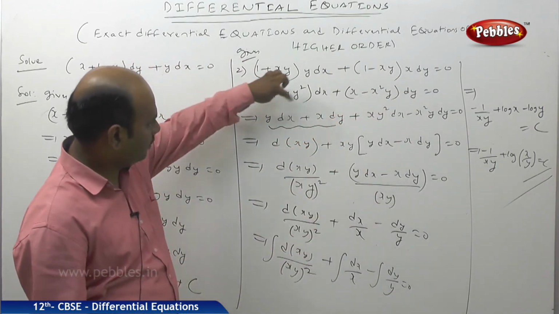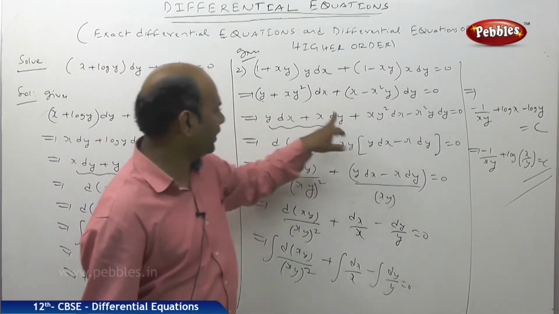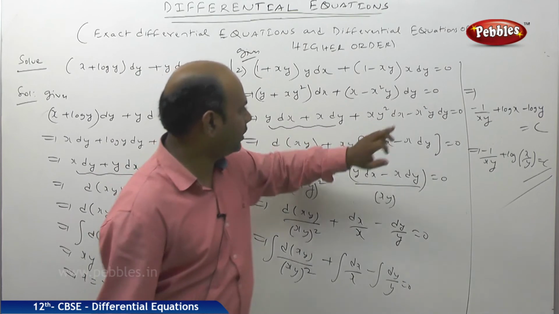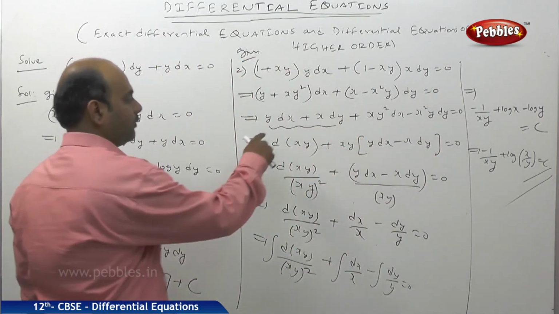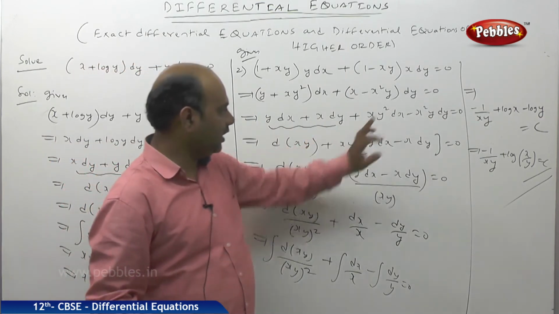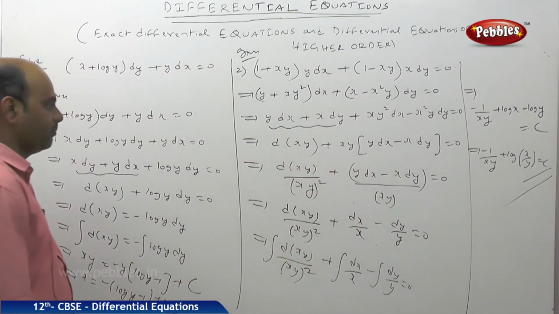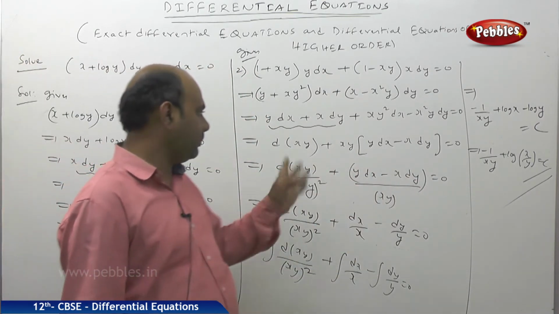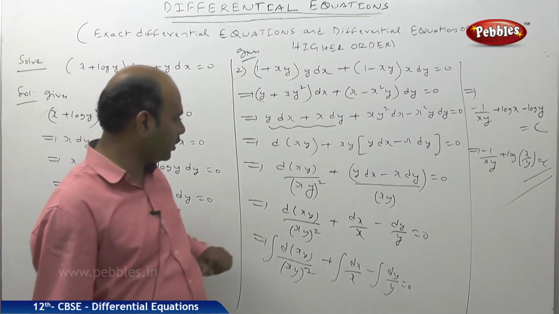So y dx plus x dy plus xy square dx minus x square y dy equal to 0. If you observe carefully, this whole thing I can write as d of xy, and here if I take xy common, there remains y dx minus x dy. So I will divide by xy whole square throughout the equality so that I will be in a comfortable zone.